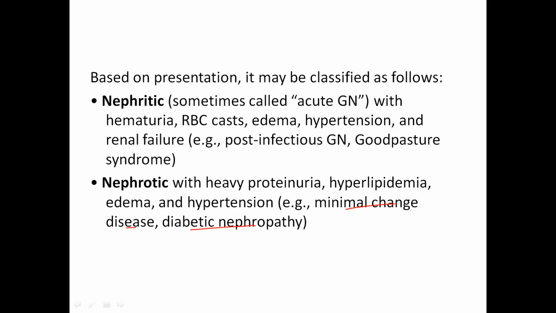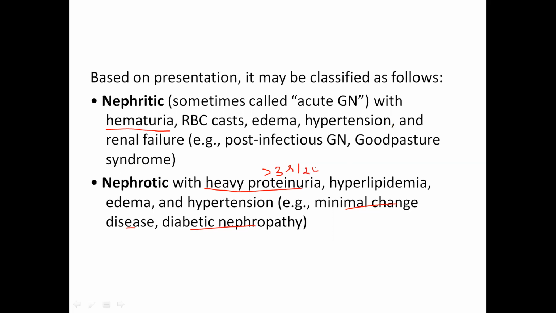The great distinction between nephritic and nephrotic syndrome is that there is hematuria in nephritic syndrome and heavy proteinuria in nephrotic syndrome. Heavy proteinuria means the nephrotic range, greater than 3.5 grams of proteinuria within 24 hours.